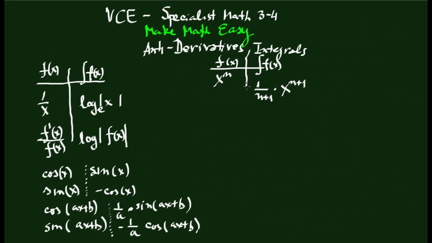It's like the powers were going down and now the powers will be going up because we're doing the reversal. So that's the basic one. The logarithms we've done. What else?